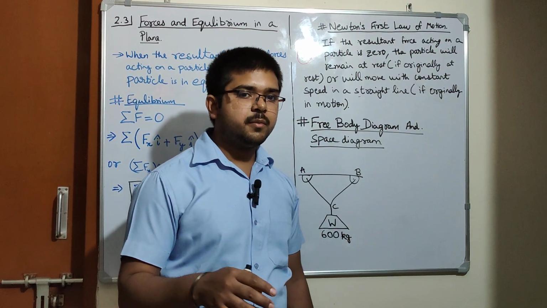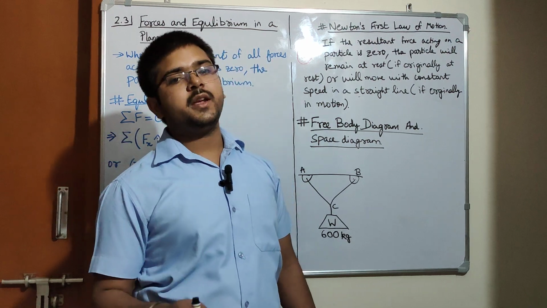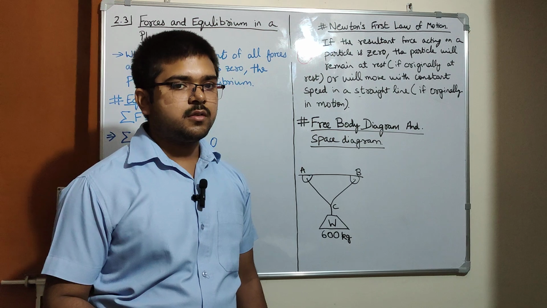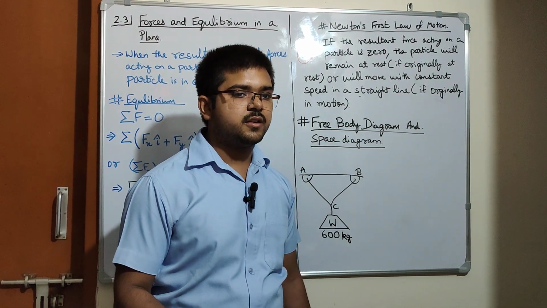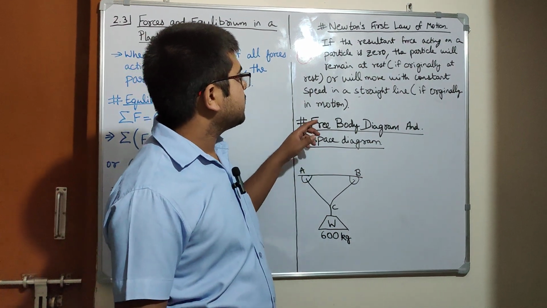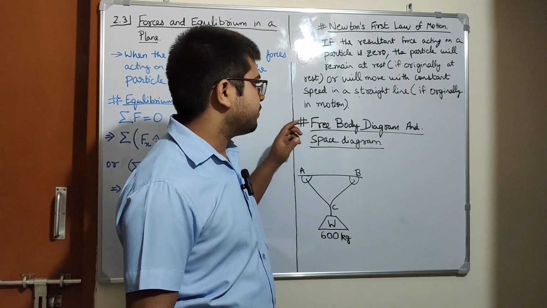But if it's moving at a constant speed, then it will continue to move in that straight line. In that case, the particle is said to be in equilibrium.